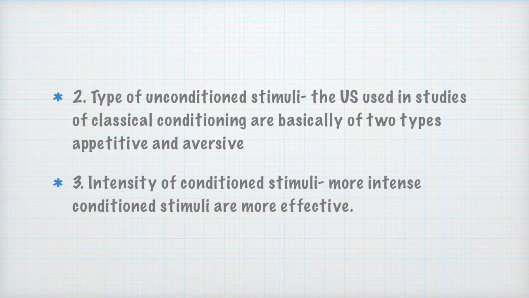The stronger the smell is, the more effective it is. So it depends on the intensity of the conditioned stimulus as well when it comes to establishing classical conditioning. These are the determinants of classical conditioning.